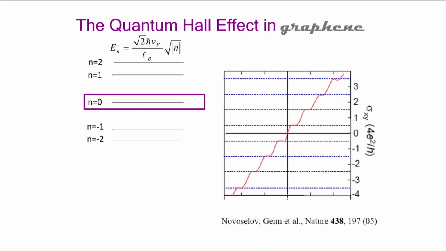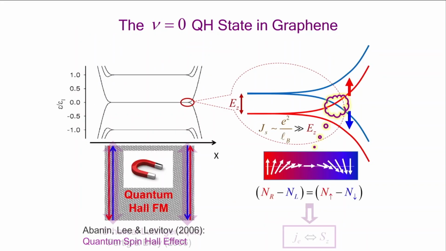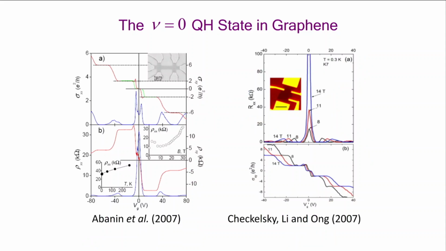But if you now increase the magnetic field beyond 9 Tesla or something a bit higher, around 9 Tesla I think is the typical field, then you start to develop a plateau at zero.